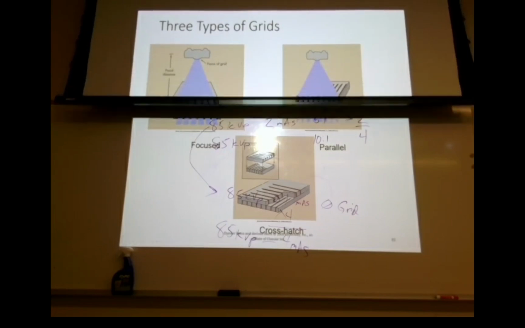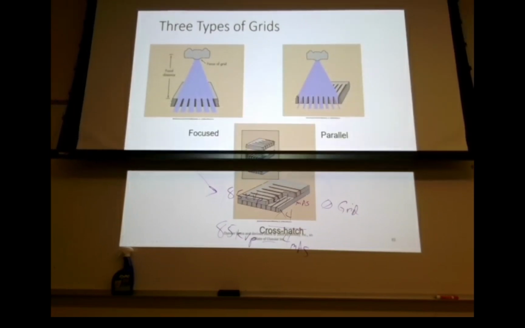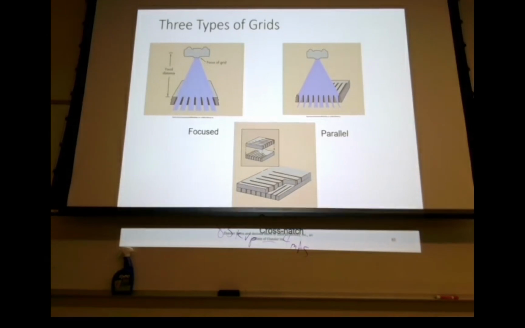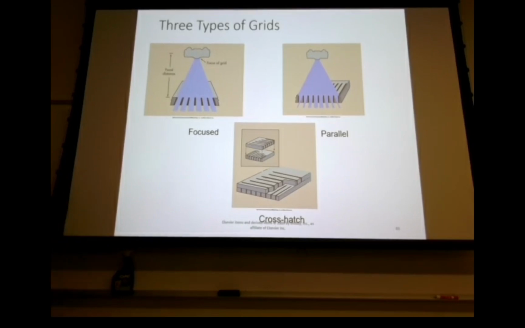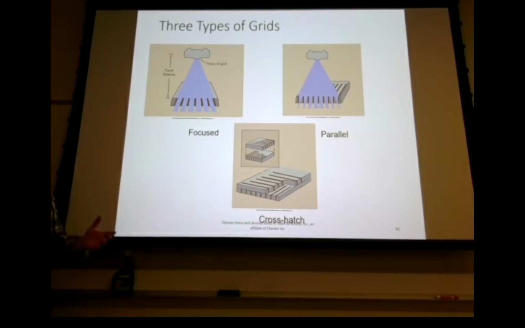All right. So then we've got different types of grids. We're going to start with parallel. Parallel is the easiest grid to create. It's the most flexible grid. It does have its drawbacks, but it's the most flexible.